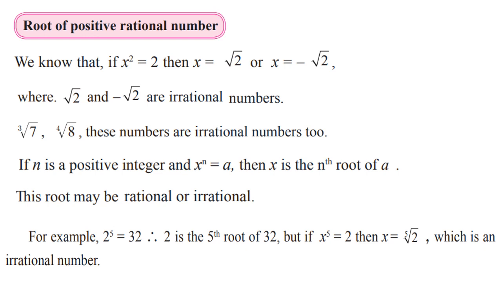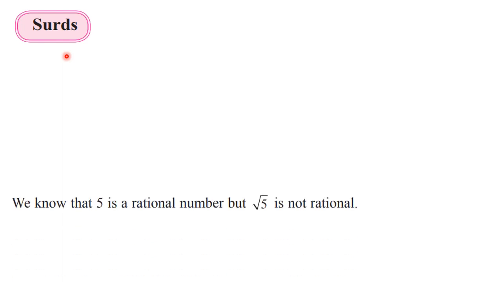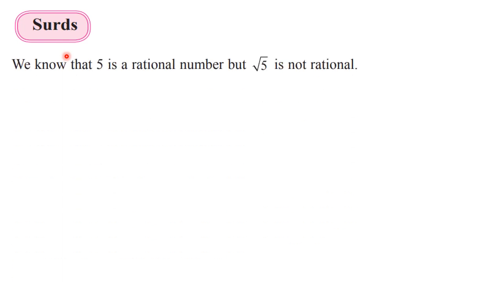Okay, so surd is nothing but what? Irrational root. So now let us study about surds. Let us see the definition of surds. Okay, so now for surds, we will take one example.